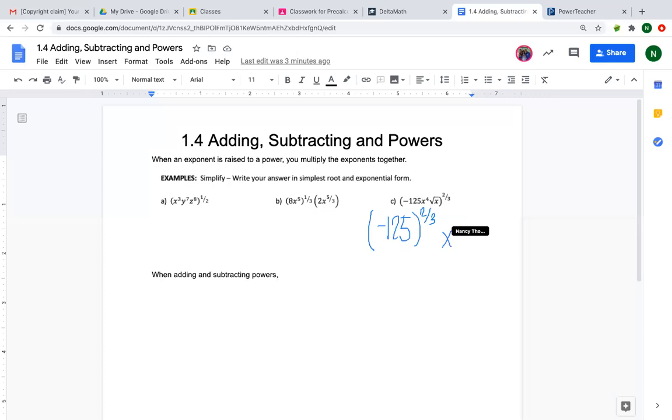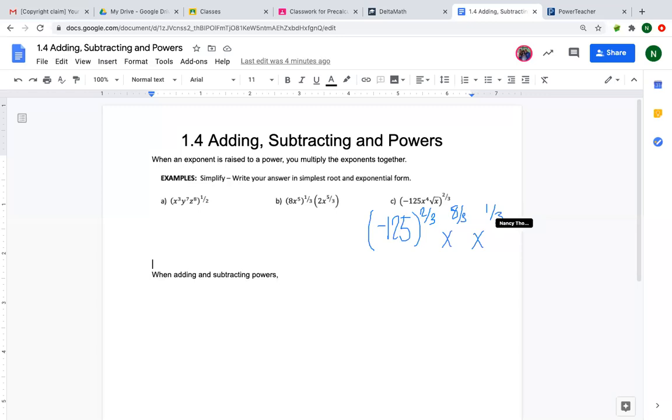And then when we multiply this, we end up with 8/3 times x. So we have 1/2 times 2/3. When you're multiplying fractions, you just multiply across the top and multiply across the bottom. So 1/2 times 2/3 would be 2/6, which simplifies to 1/3.